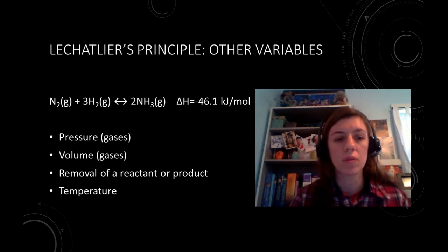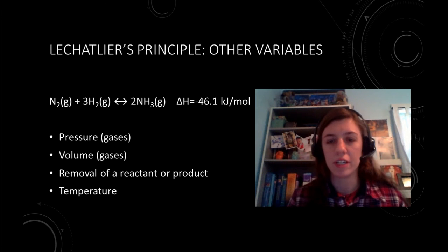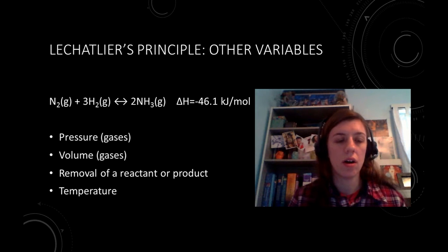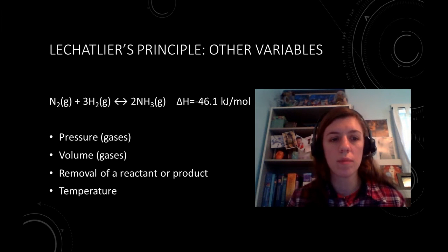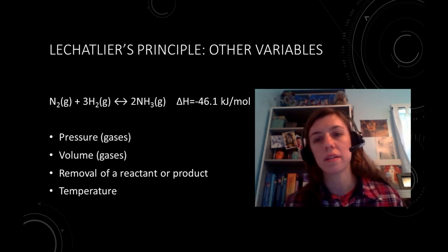So with pressure, if you increase pressure, you disfavor the formation of gases. If we look at our reaction here, we have 4 moles of gas on the reactant side, and we have 2 moles of gas on the product side. So if we were to increase the pressure, we would favor the formation of more products.